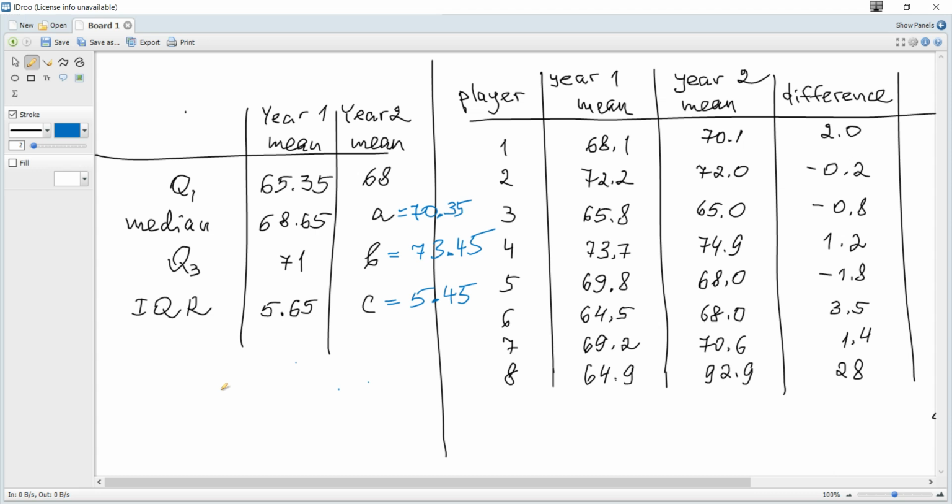So for this situation, since the median for year 2 mean is greater than the median for year 1 mean, hence in average year 2 mean, or year 2 players' averages, has increased, or just year 2 mean is greater, or players are showing improvement.